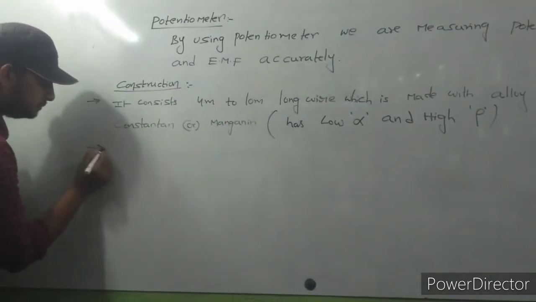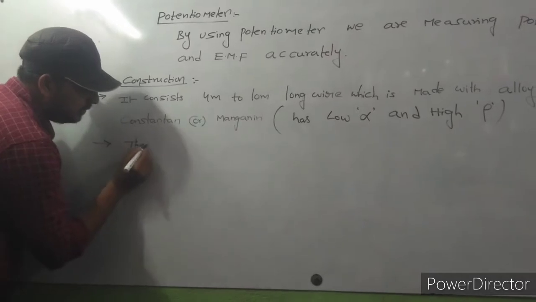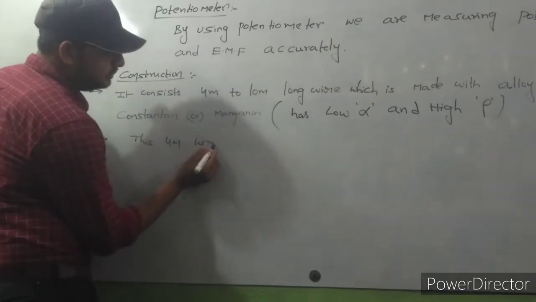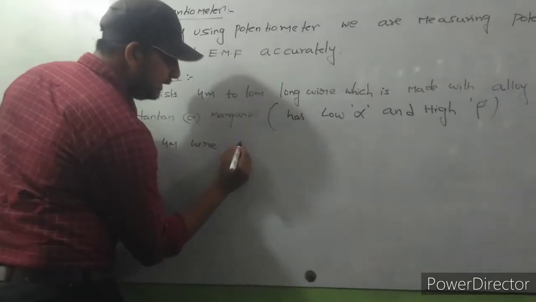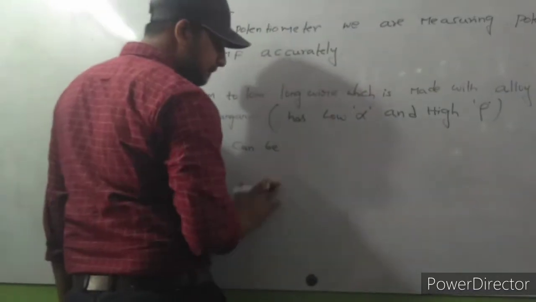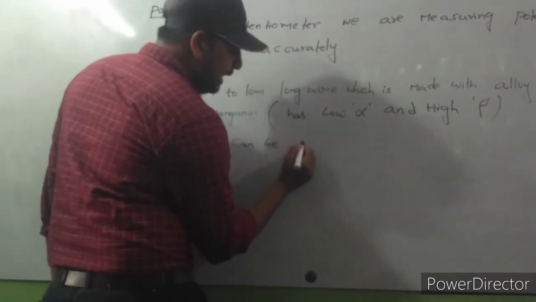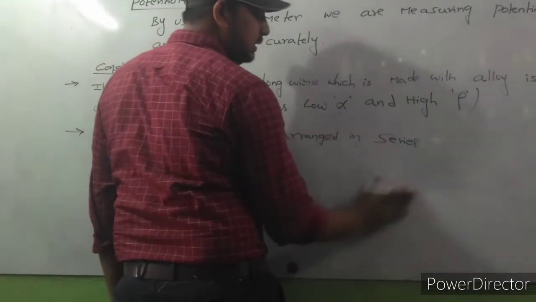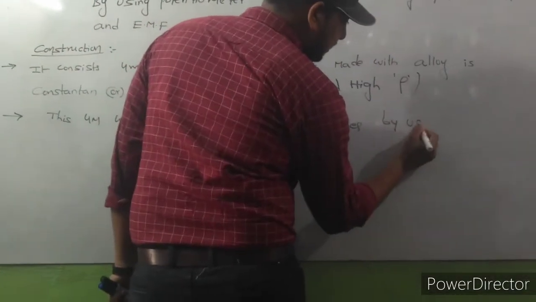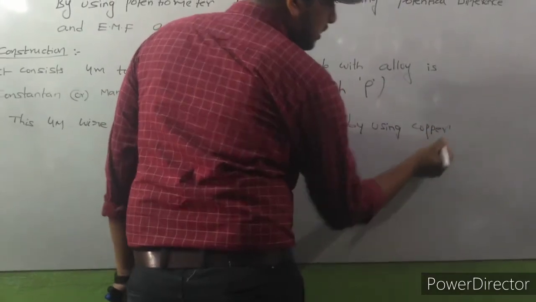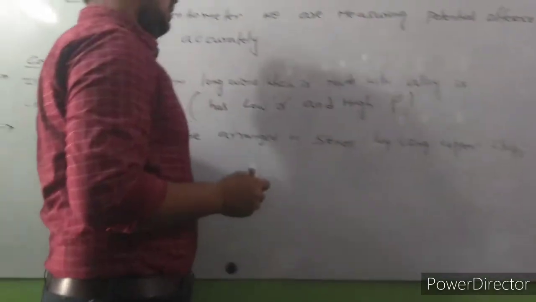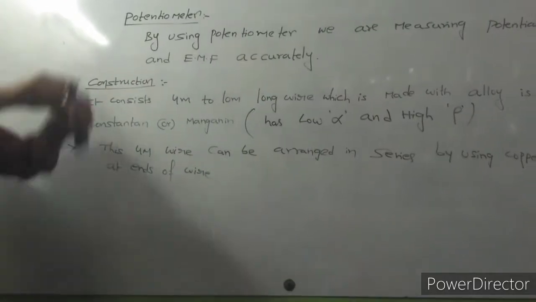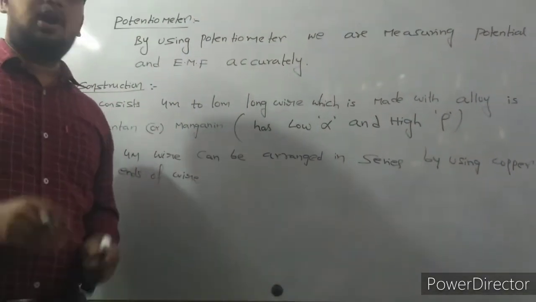Next, this 4 meter wire can be arranged in series by using copper strips at the ends of the wire. How are we arranging it in series?